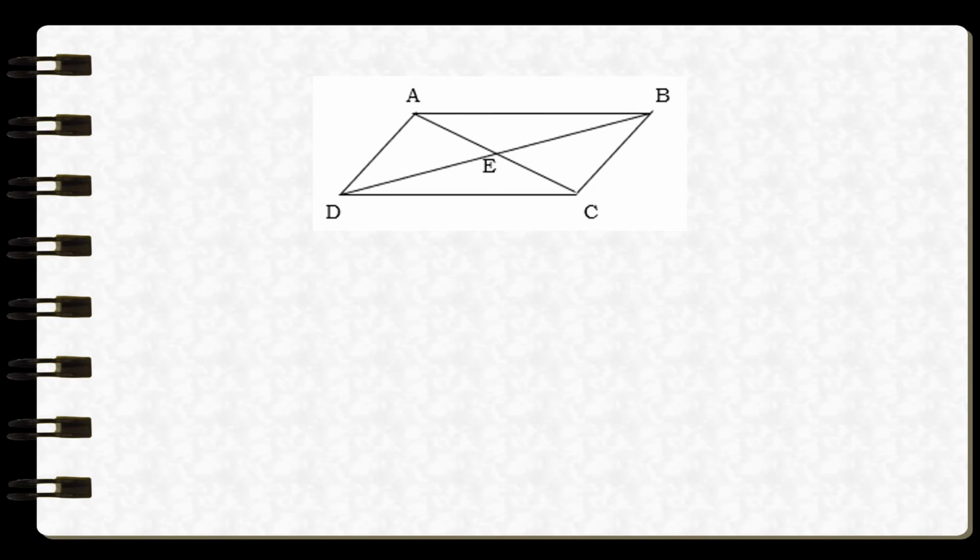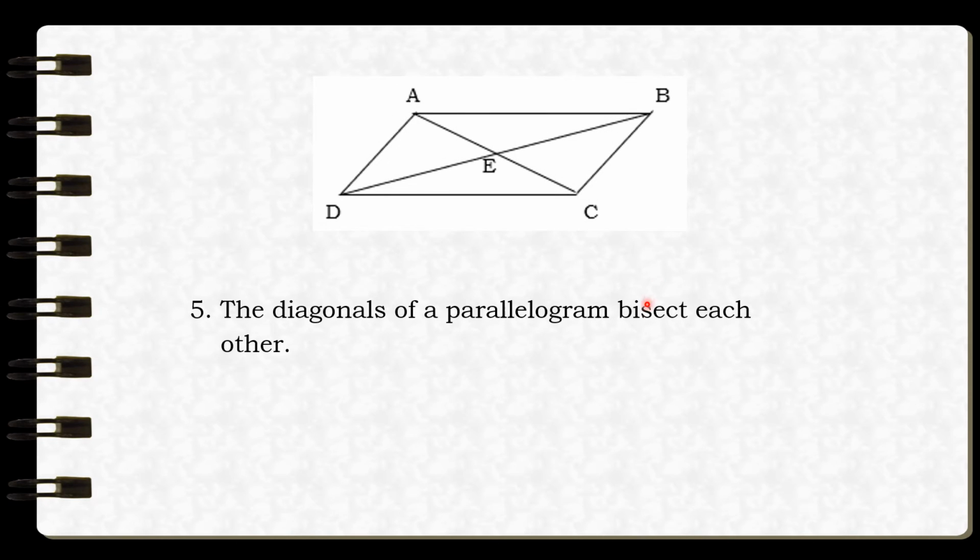Number 5, the diagonals of a parallelogram bisect each other. It means segment AC and segment BD intersect at point E, and then they bisect each other, which means each diagonal here is divided into two congruent segments.